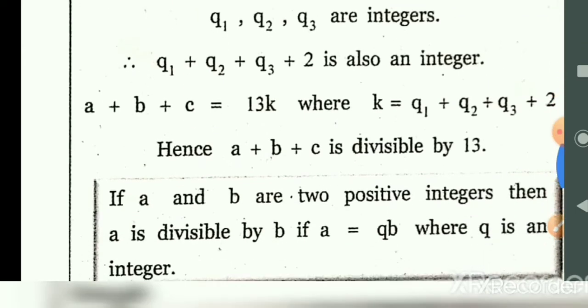Q1, Q2, Q3 are integers, so Q1 plus Q2 plus Q3 plus 2 is also an integer. So a plus b plus c is equal to 13k, where we take Q1 plus Q2 plus Q3 plus 2 equal to k. So a plus b plus c is divisible by 13.